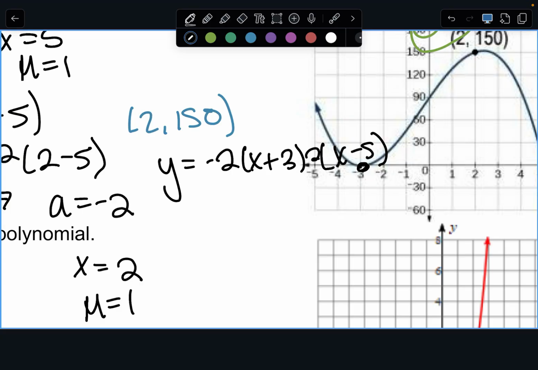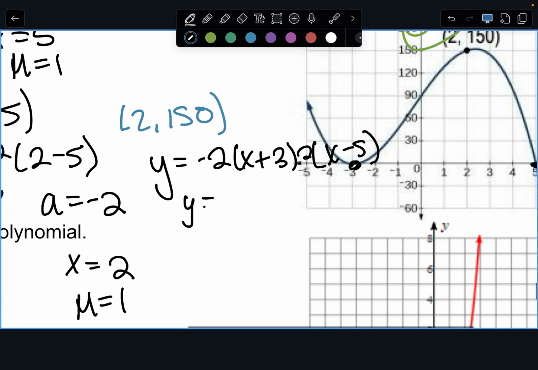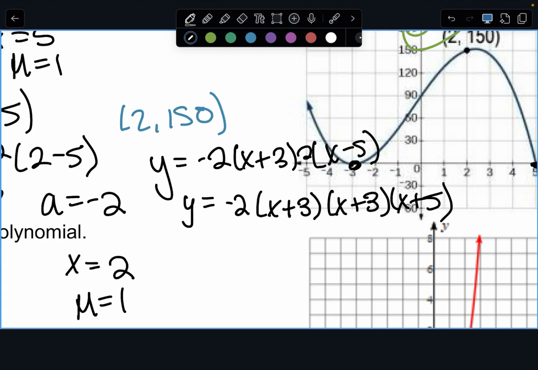This one's a little more complicated because we have like 3 binomials in here. So I'm going to just rewrite it. First, I'm going to split out, I guess, by x plus 3. Just splitting it to write it twice because it's being squared right now. So I just wrote it twice just so I can get a bigger, clearer picture of what's going on here.